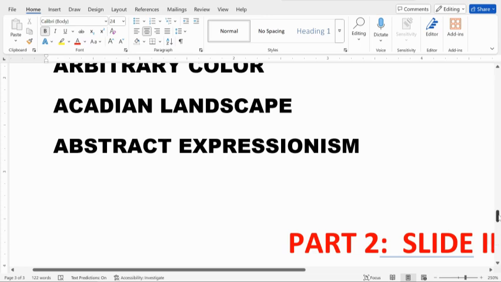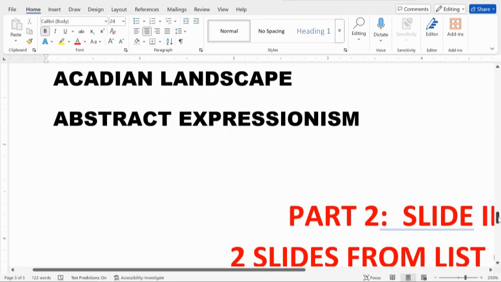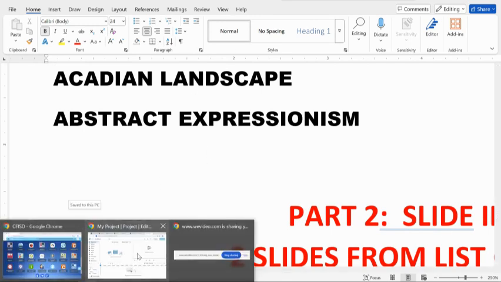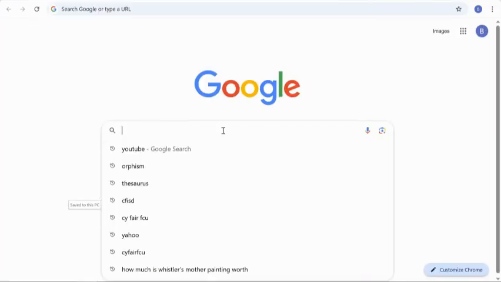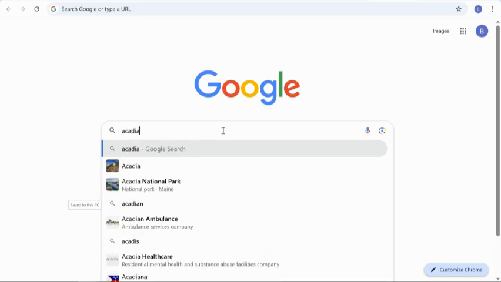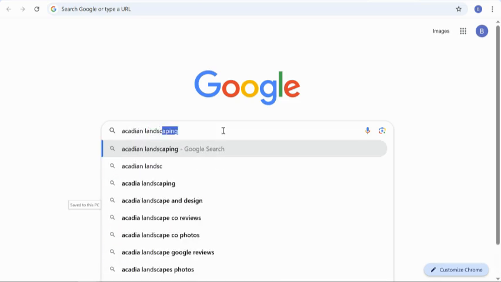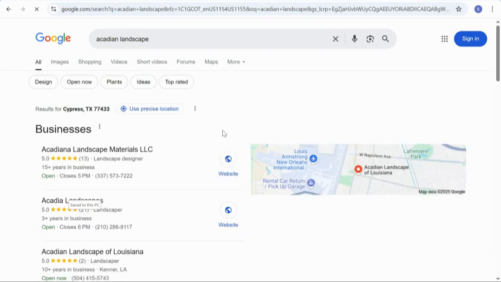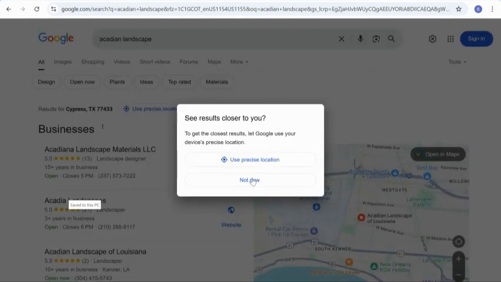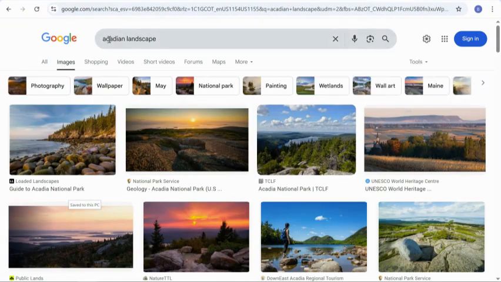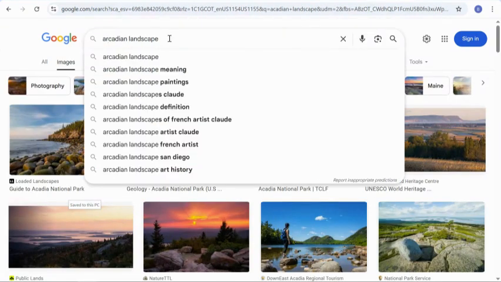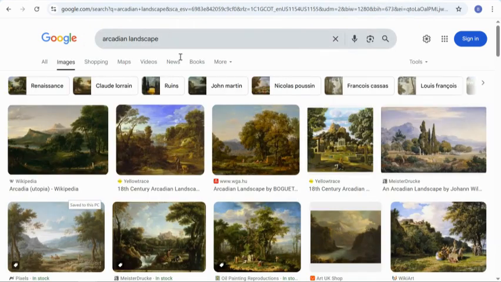Arcadian landscape, I definitely did talk about. Isn't it Arcadian? I think I put both in. No, I think you're right. Let's try Arcadian. Yeah.